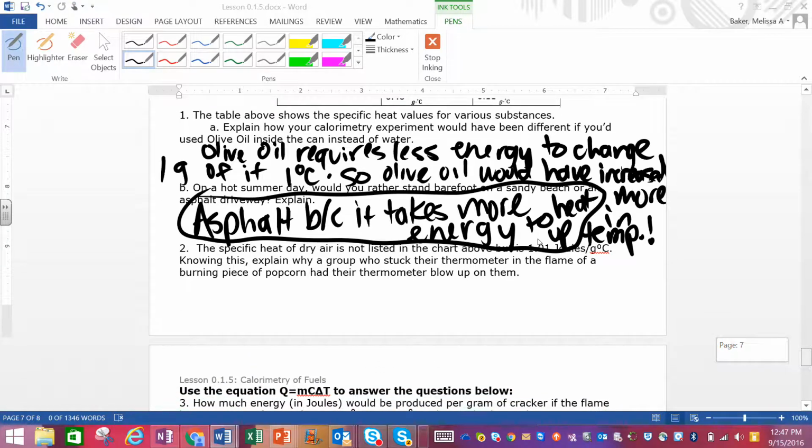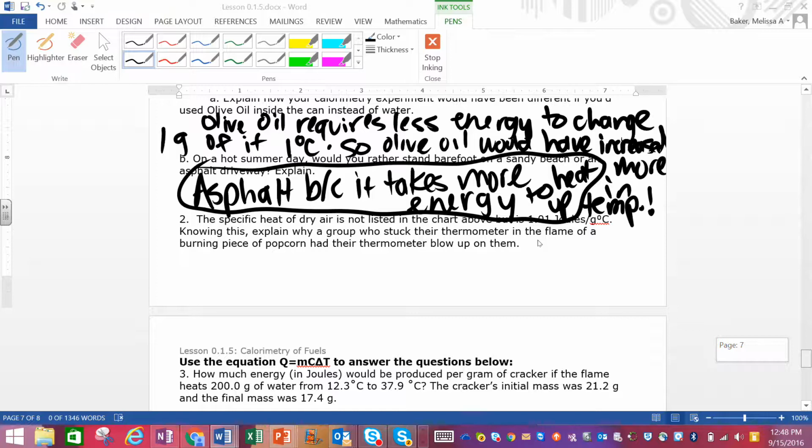The specific heat of dry air is not listed on the chart above, but it's 1 joule per gram degree Celsius. Knowing this, explain why a group who stuck their thermometer in the flame of a burning piece of popcorn had their thermometer blow up on them.